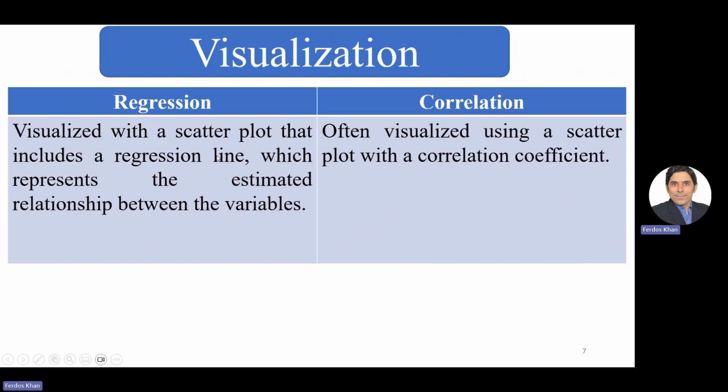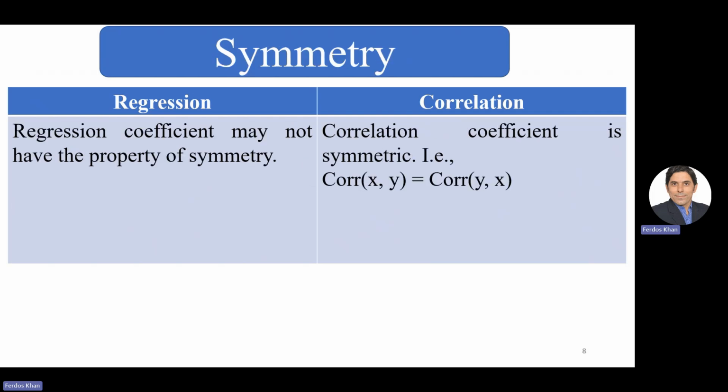So we can draw a scatter plot and then plot the regression line. Correlation is often visualized using a scatter plot with the correlation coefficient. Here we also draw a scatter plot, but we provide a single value of the correlation and the strength of the relationship. This is also quite different in this aspect between these two concepts.